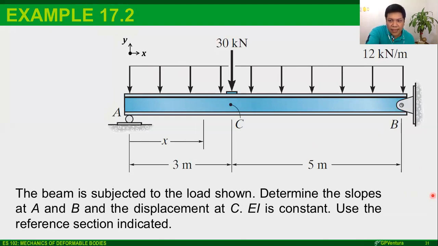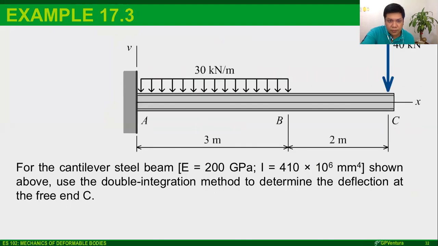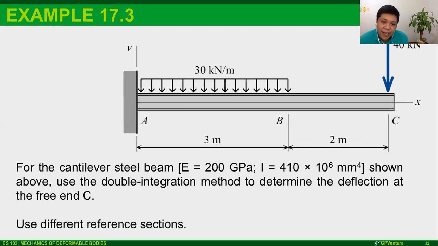Let's now look at another example. For the cantilever steel beam, where E is 200 gigapascals and I is 410 times 10 to the 6 millimeters to the fourth, use double integration method to determine the deflection at the free end C. However, let's have a twist for this example. Let's use different reference sections.